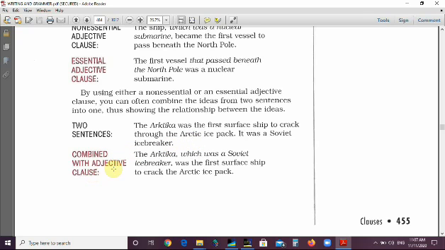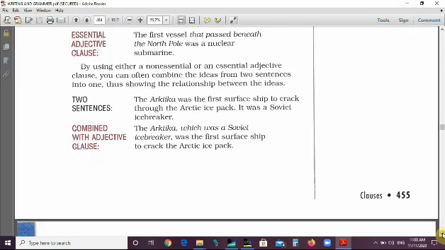Combined with an adjective clause, we make these two sentences, with a period here and a period here, into one sentence with one period. The Arctica, which was a Soviet icebreaker, between commas, which means this information is non-essential, was the first surface ship to crack the Arctic ice pack, making it one sentence.